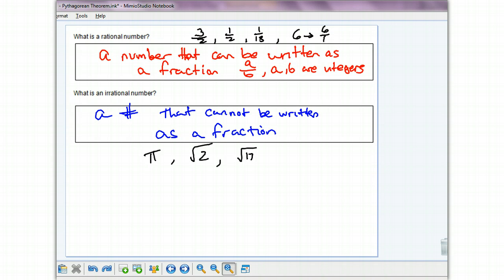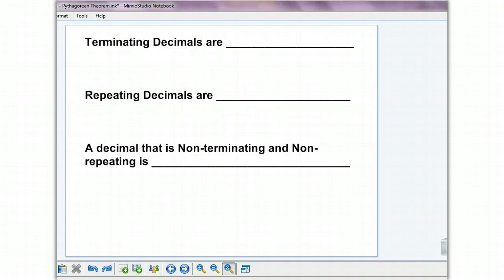Okay, so now we have a few more types of numbers that we're going to look at here. Terminating decimals, things like 0.3257884, or 0.2, or 0.752. All of these decimals have something in common in that they end.